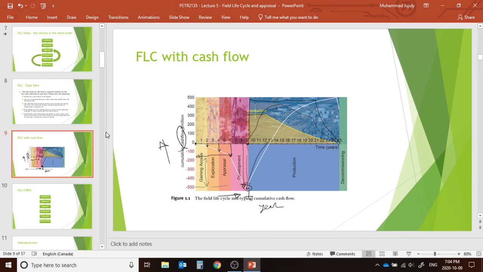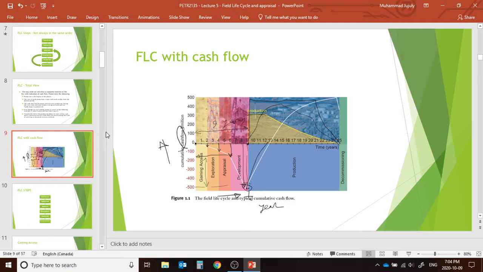If you start right now, for a reserve, it will take 9 years to get the first product. Okay, so it's just an average. It can be more or it can be less. So nearly 9 years to start getting the money back.